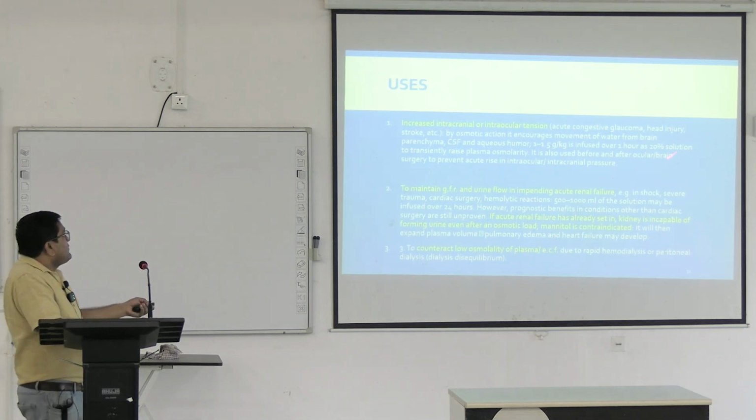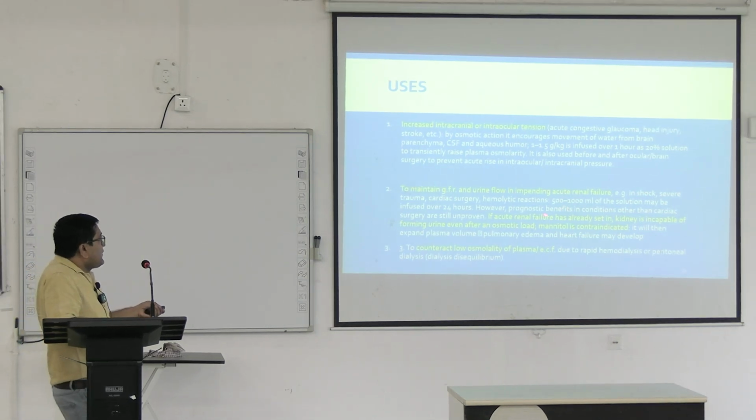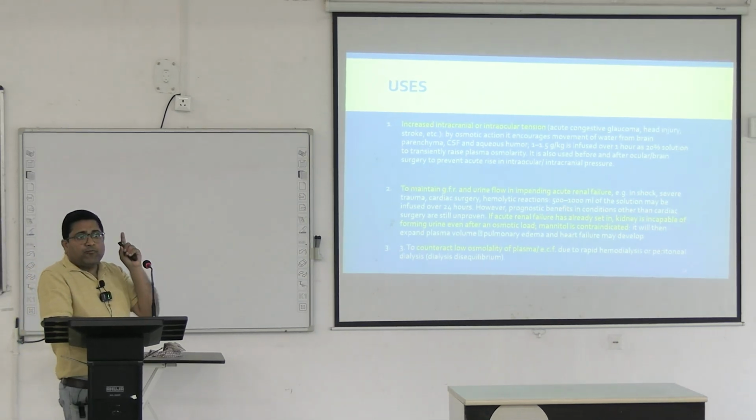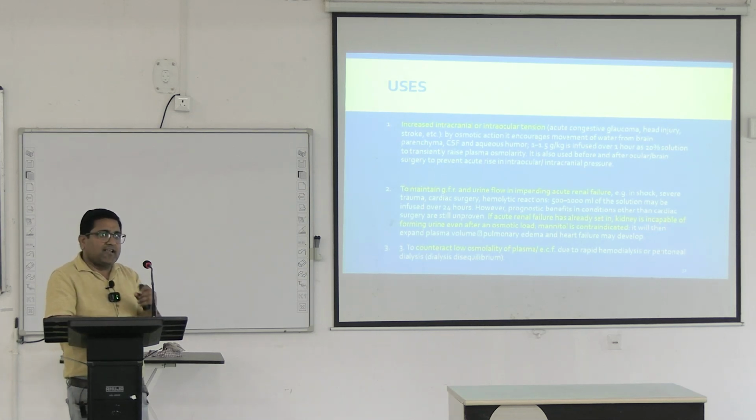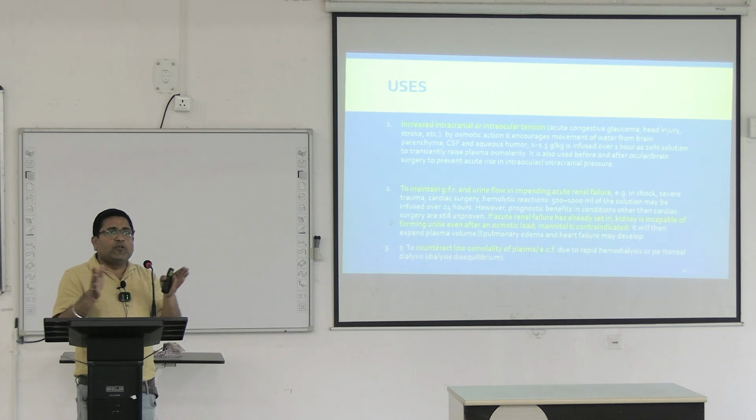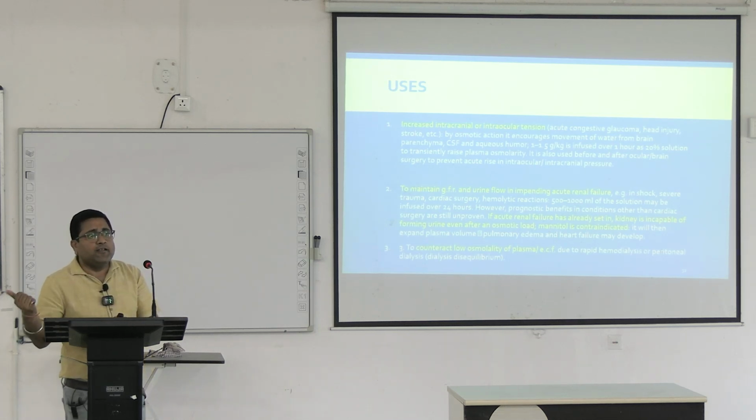For example, in shock patients, severe trauma, cardiac surgery, hemolytic reaction. But when acute renal injury has set in and urine volume has decreased, mannitol should not be used. Why? Because mannitol exerts its action as a hyperosmolar agent. It increases extracellular fluid volume, but urine is not being formed due to acute renal failure.